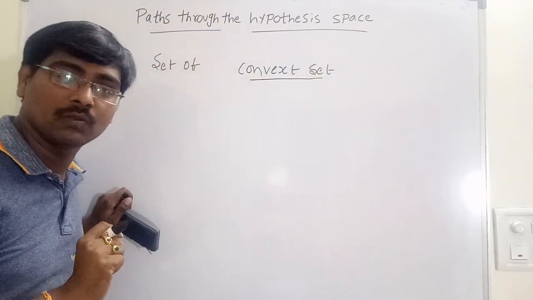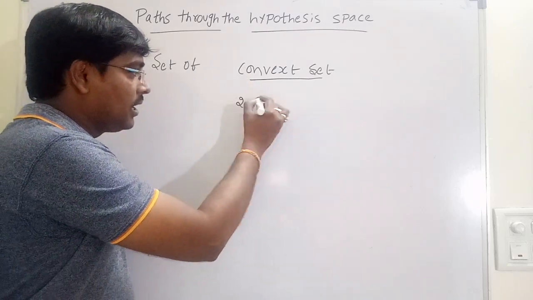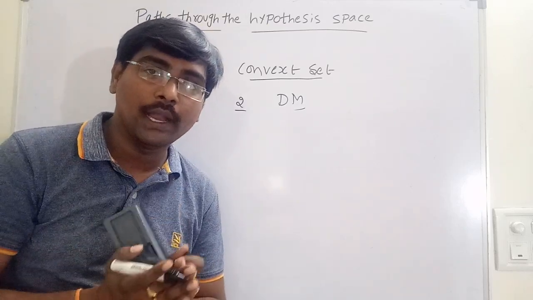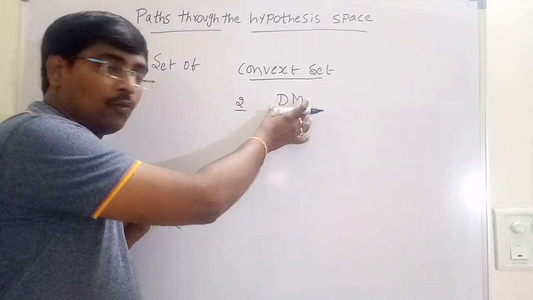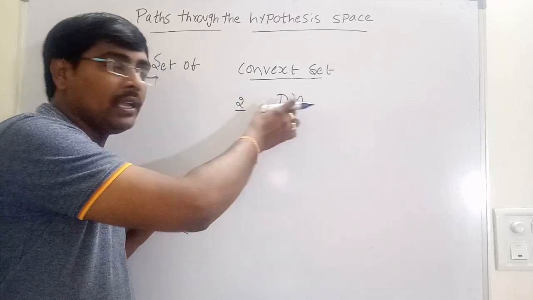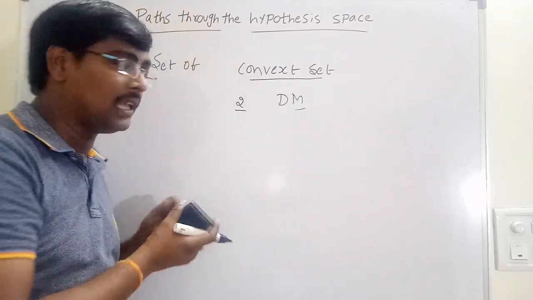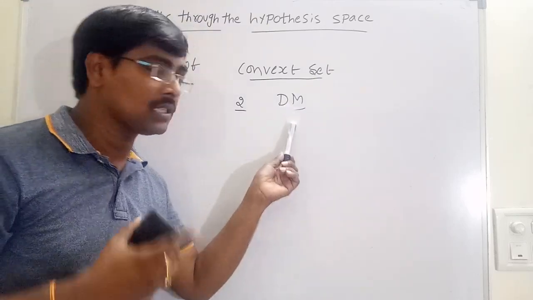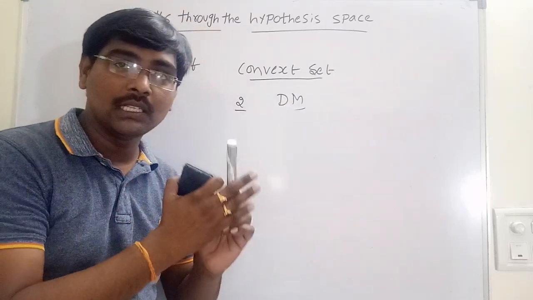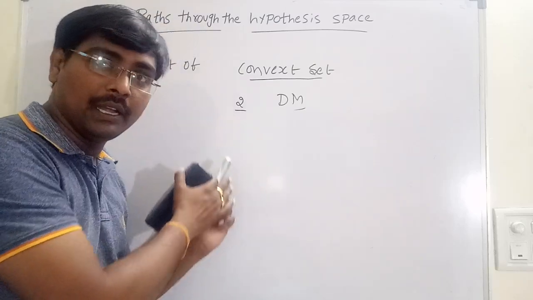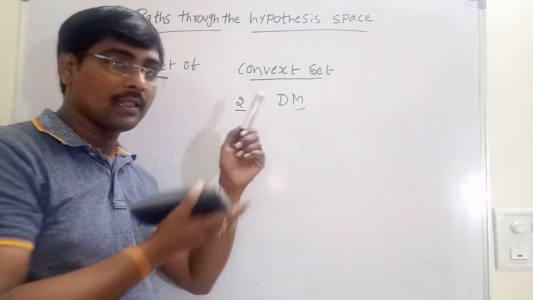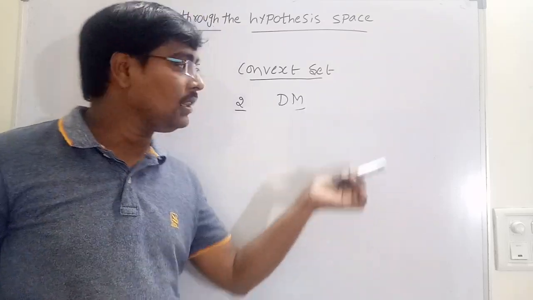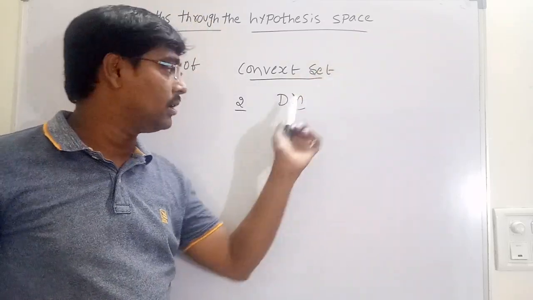What is the meaning of this? Consider any two data members in the set. If we can interpolate between any two data members in the set, the concept is present in between the least general one and the most general one.